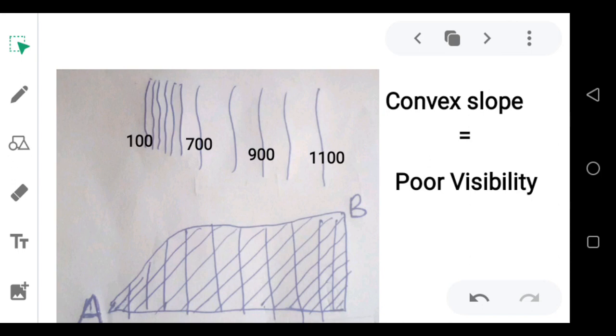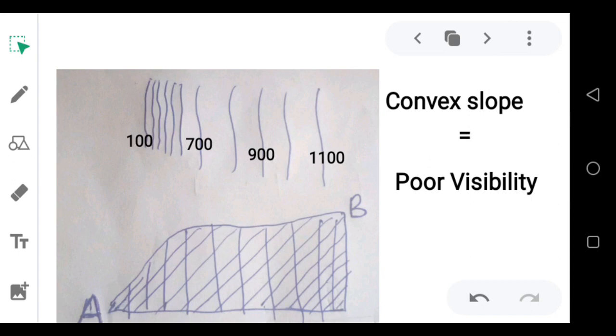So this is how a convex slope looks like, where the contours are close together at the beginning, then get wider as you go higher. You can see the slope AB.